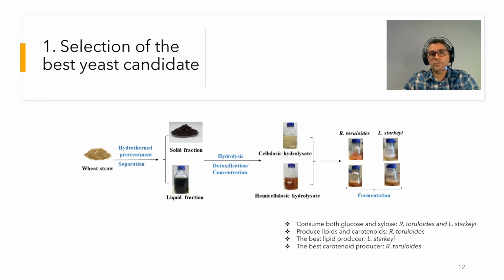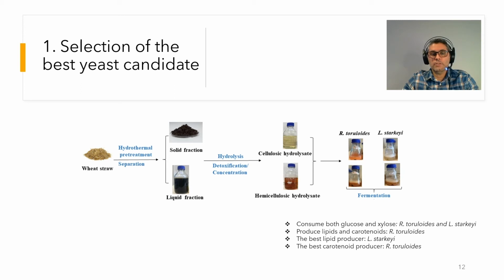The oleaginous yeasts that produced the highest concentration of lipids and carotenoids in synthetic media were then cultivated in hemicellulosic and cellulosic hydrolysates at 30 degrees Celsius, 250 RPM for 120 hours. Wheat straw was initially pretreated by hydrothermal pretreatment at 195 degrees Celsius for 45 minutes.